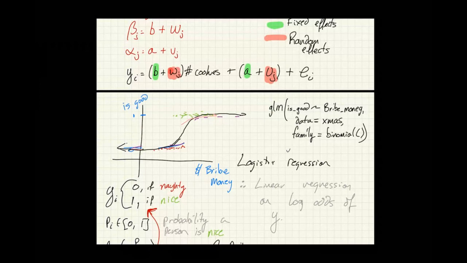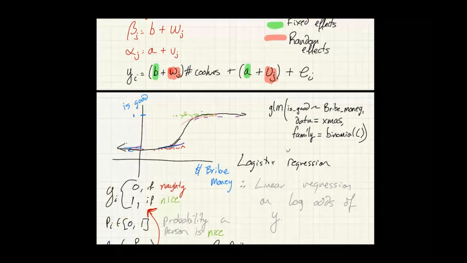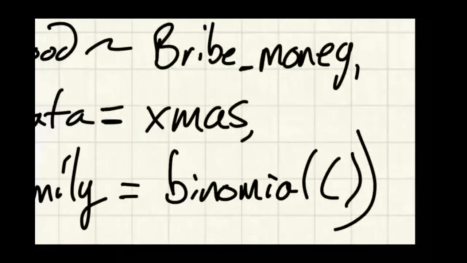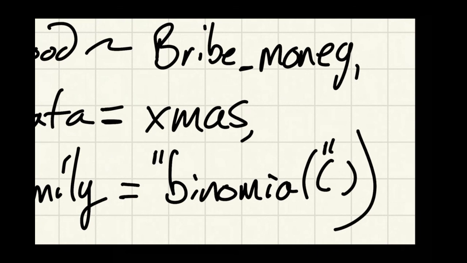After that binomial, those are open and closed parentheses. You can also use quote binomial, and that should also work.